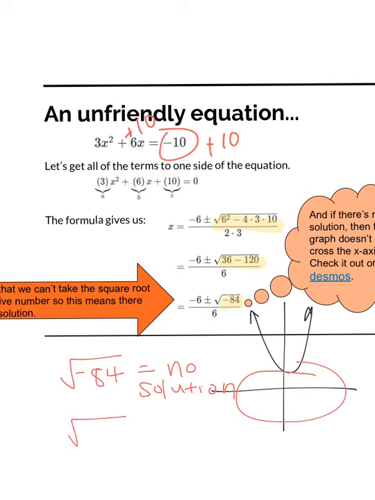And even if it were a positive 84, we know that that is an irrational number, so it's not going to come out to have a really nice decimal answer, because the square root of 84 has decimal places that go on forever. It's like 9 point something with infinite decimal places. So it's not going to be friendly like that first example that we did.